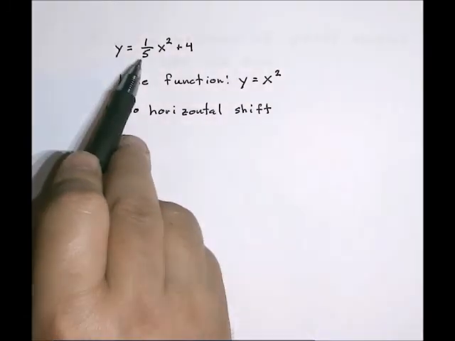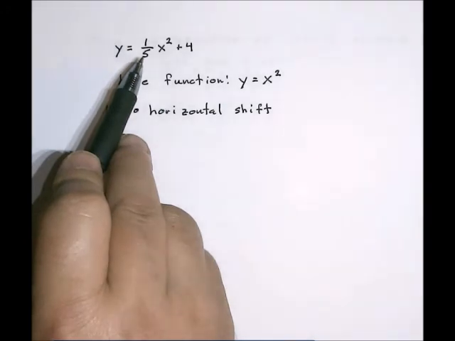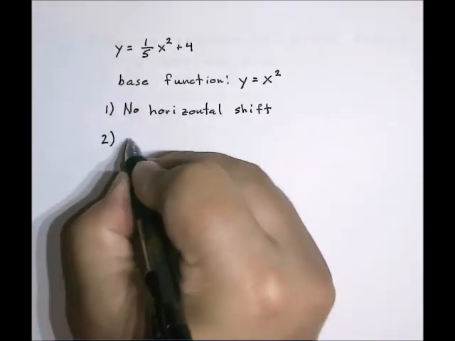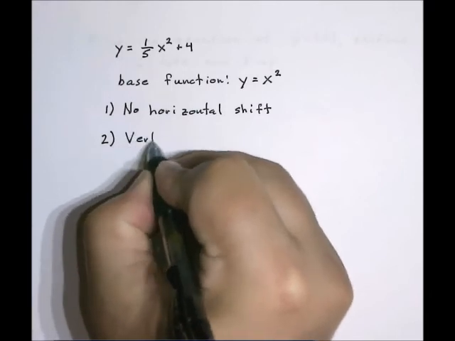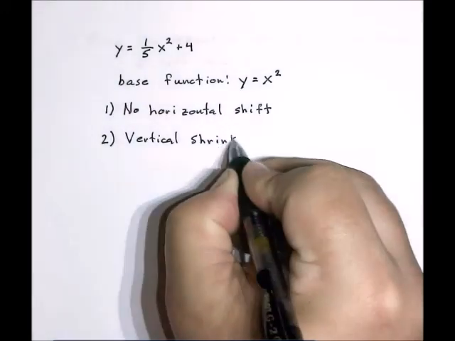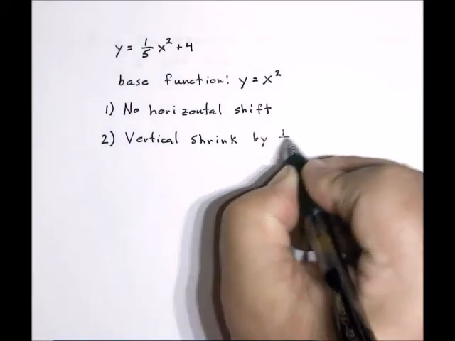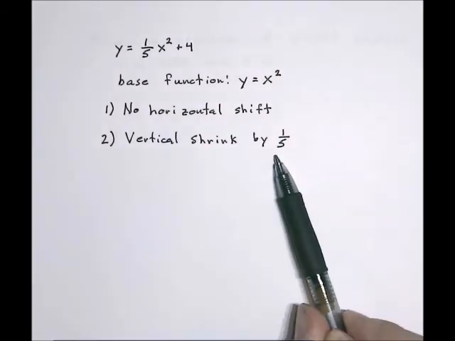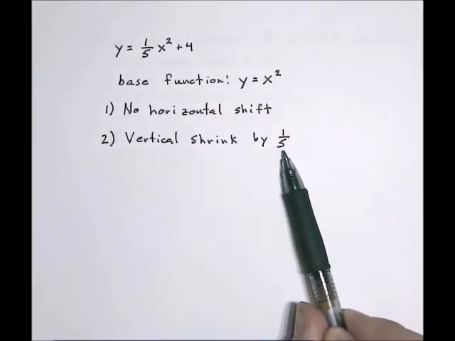There is a compression or a shrink. The words are kind of interchangeable. So we have that 1/5 there. So that's a vertical shrink by 1/5. What that 1/5 does, what the vertical shrink means, is just take all the y coordinates and multiply them by 1/5.